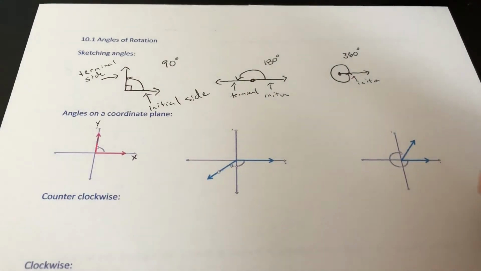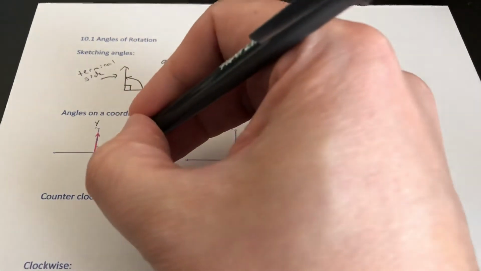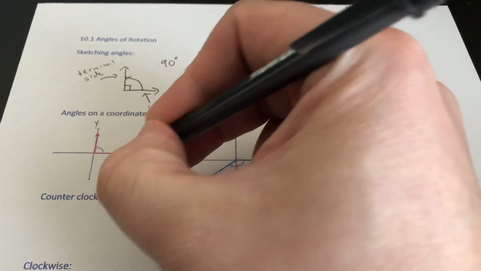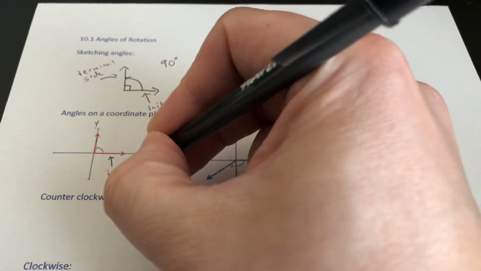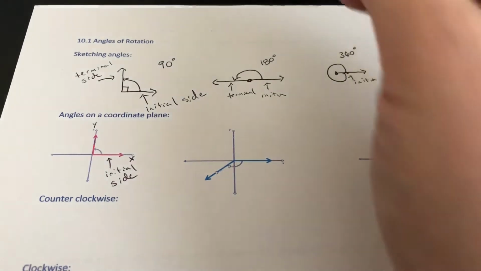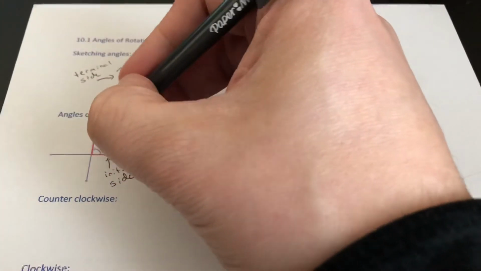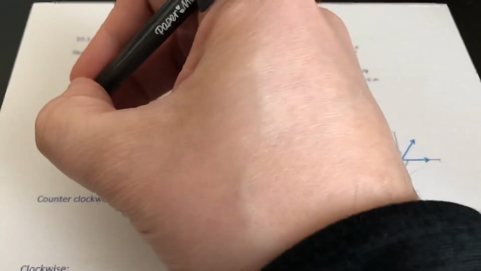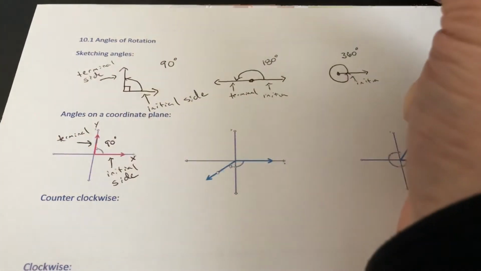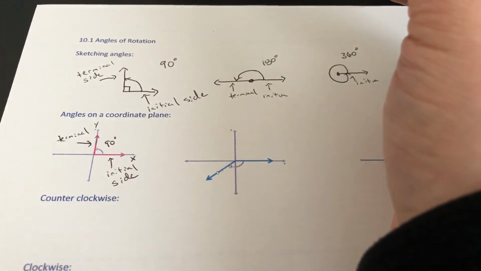Every time we draw a diagram, our initial side will always be the positive side of the x-axis. So this will always be my starting point of all my rotations. Rotating from here to here, we've already gone over this. This is called the terminal side, where it stops. This would be a 90-degree angle drawn on a coordinate plane.